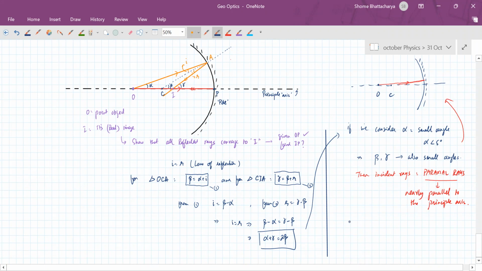So when we do that, coming back to that diagram, we can consider alpha as almost equal to the arc length AP divided by OP. Beta is of course exactly equal to the arc length AP divided by CP, because C is the center of curvature of that arc.